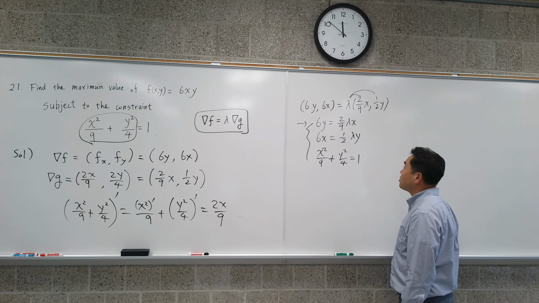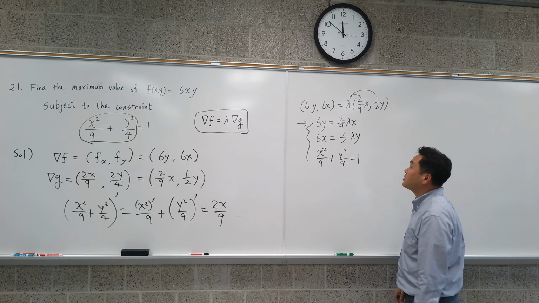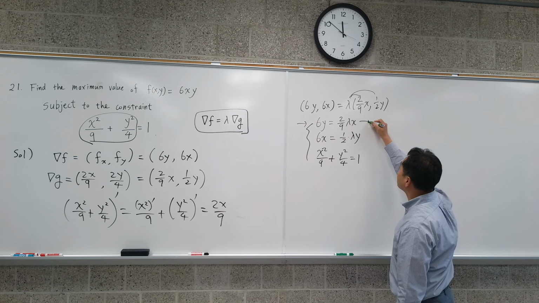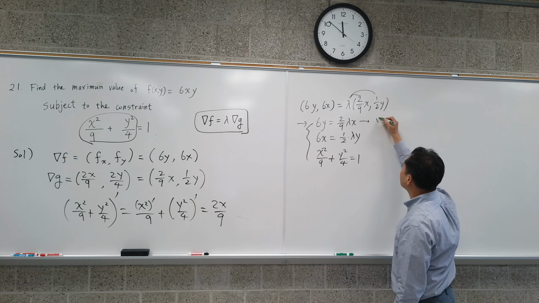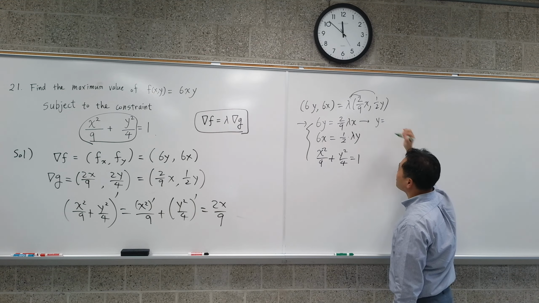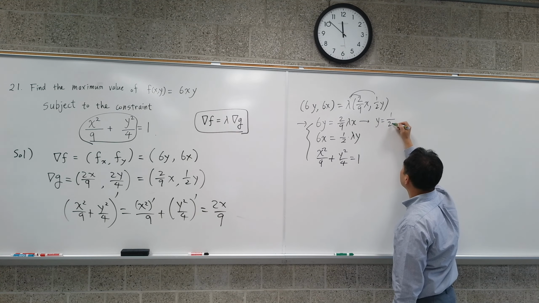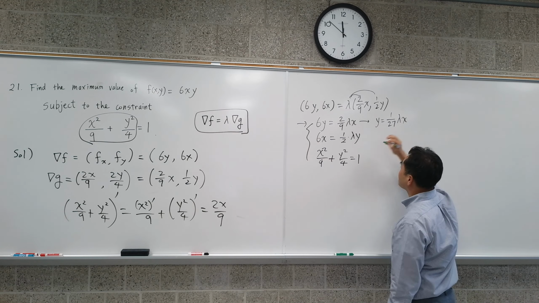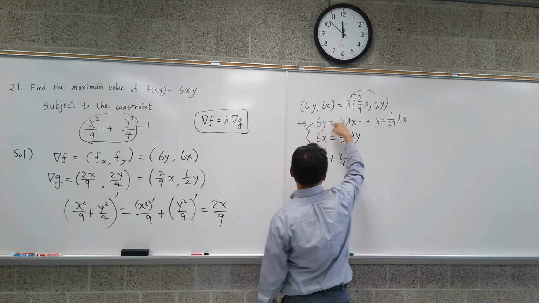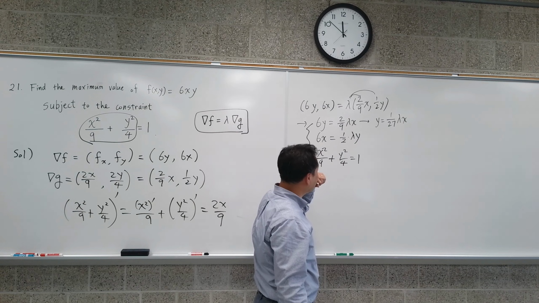Now, in all of these, you need to solve for one and plug into the other, right? So you're going to take this and solve for y by dividing by 6. So that's going to be 1 over 27 lambda x, because you can divide both sides by 2, and then you can divide both sides by 3, and that's what you get. Okay?